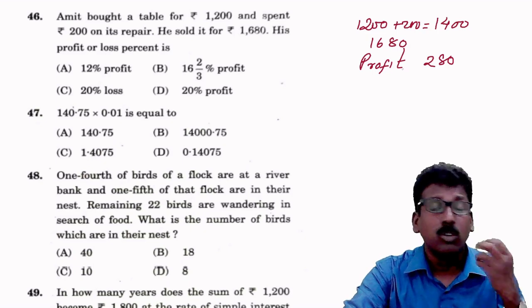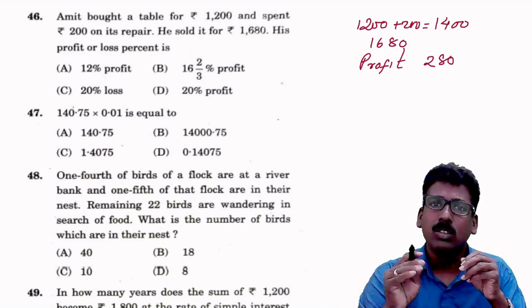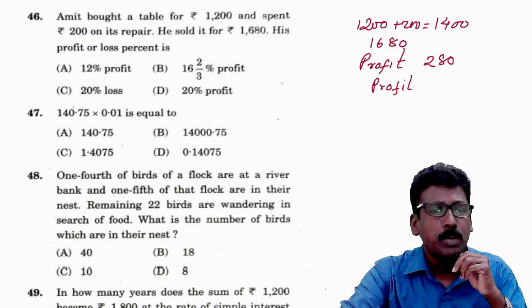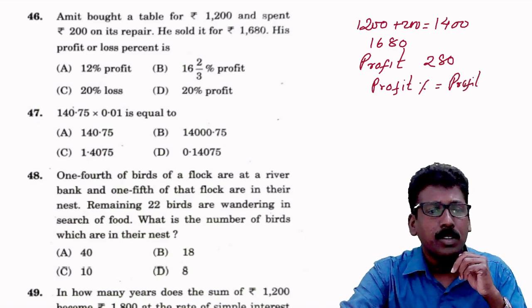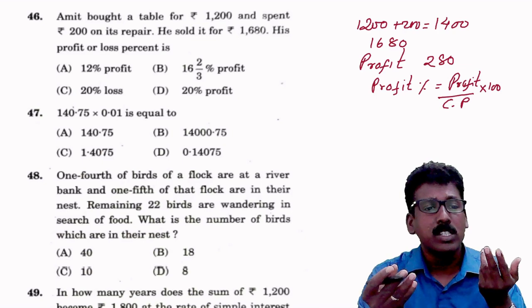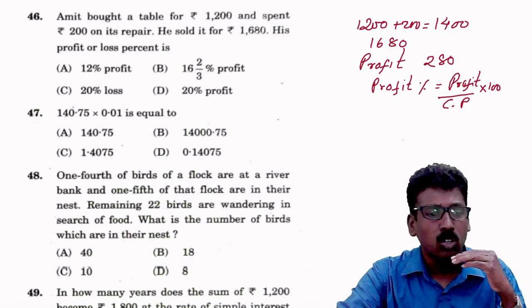But you have to find out the profit percent. Profit and loss is based on cost price. Profit percent you can find as profit by cost price into 100. If it is loss percent, you find it as loss by cost price into 100. Everything is based on cost price.